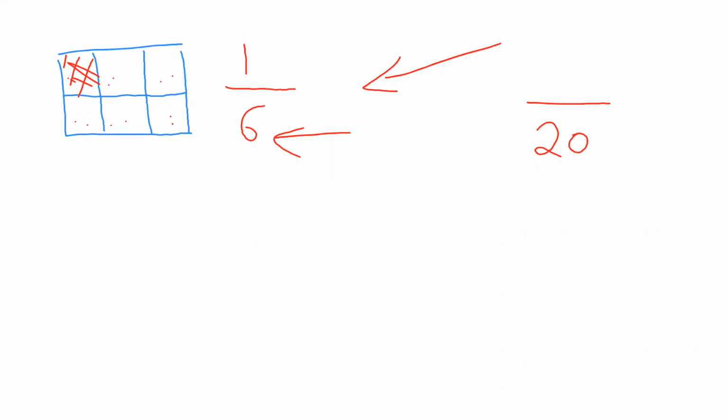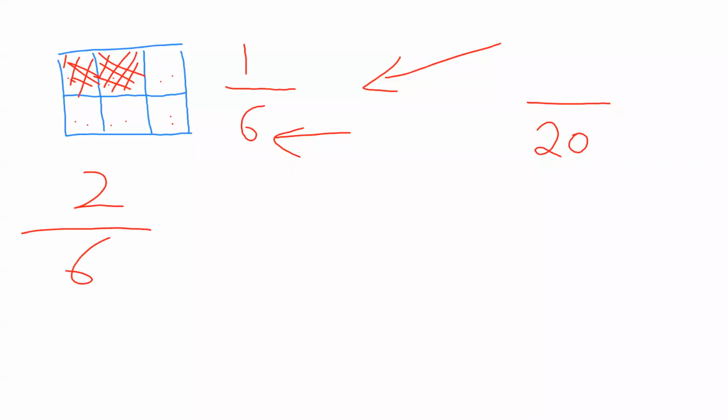If I have 2 shaded squares, this means that I have a fraction of, exactly, perfect, exactly, Zena, thank you. It's 2/6.